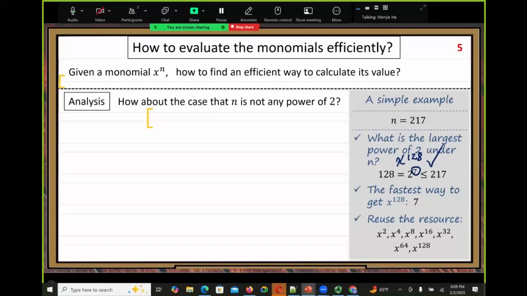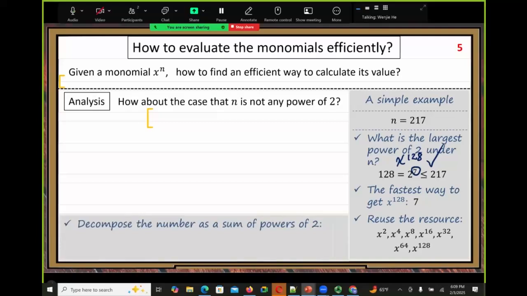Let's use that understanding. Remember our goal: we need to work on n equals 217. Let's decompose that number. Can we use powers of 2 to represent 217, because powers of 2 are the resource in our pool? So we want to represent 217 as a sum of powers of 2.